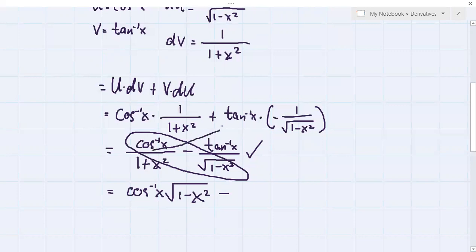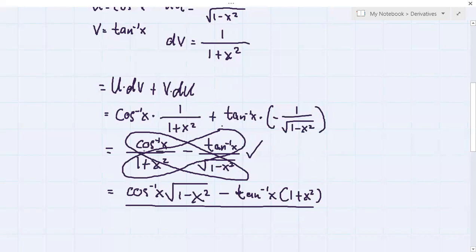The next, cross multiply, we will multiply arctangent x at saka si 1 plus x squared. So we will have arctangent x times quantity 1 plus x squared. Ayan. And last but not the least, we will now multiply the denominators together. So 1 plus x squared times the square root of 1 minus x squared, we will have 1 plus x squared times the square root of 1 minus x squared.